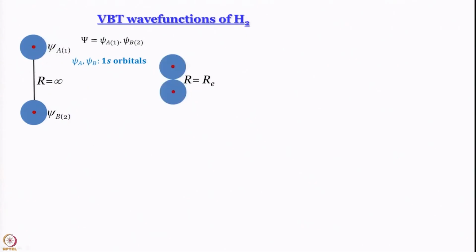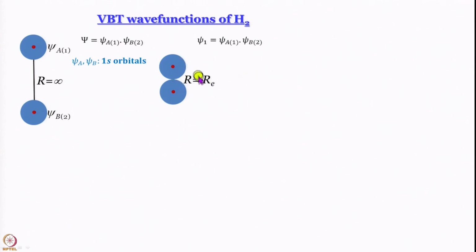Now, what happens when they come close together? Let us say when the internuclear separation is close to the equilibrium bond length, okay. It does not even have to be exactly equal to the equilibrium bond length, just close enough so that this electron experiences that nucleus and the other way around. Then it is not sufficient to write the wave function as psi A1 psi B2, that is only one of the components of the wave function, we write it as psi 1.